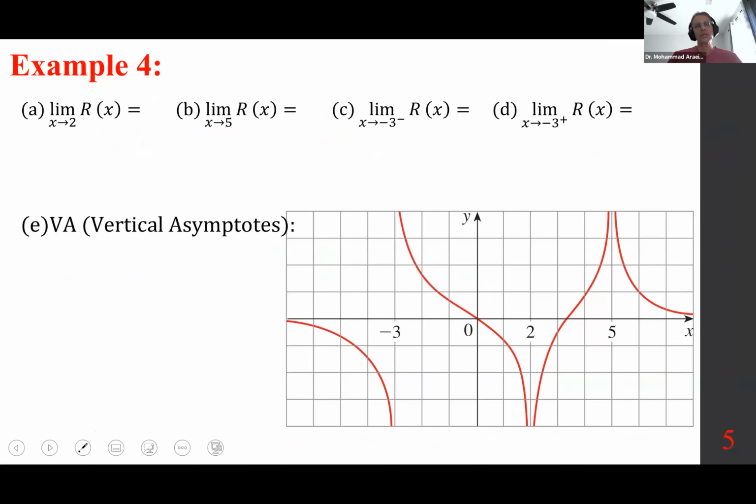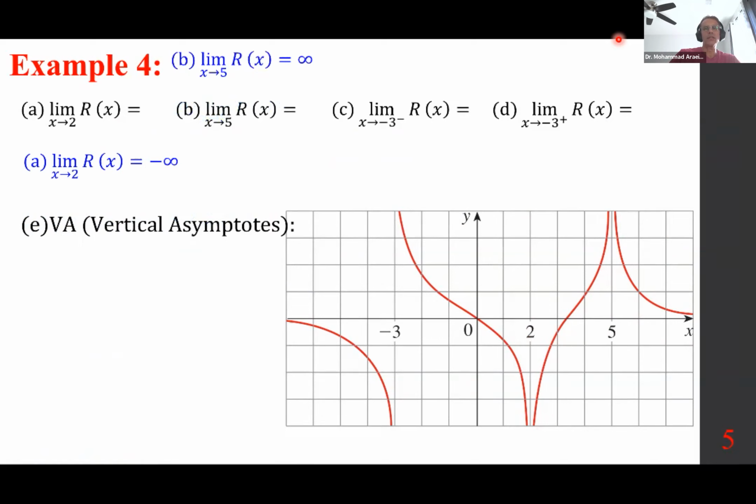We have this function. We are interested in finding the limit of r of x as x approaches 2. Here's number 2. On both sides, we're going down to negative infinity. At 5, we are coming towards 5 from the left and right, and it blows up to positive infinity. However, at negative 3, it depends.